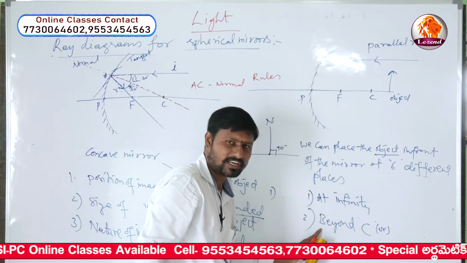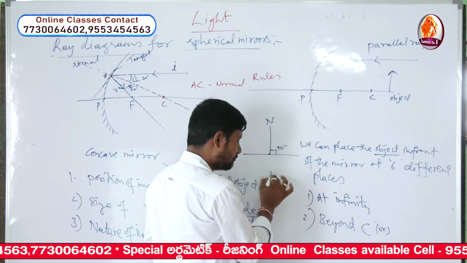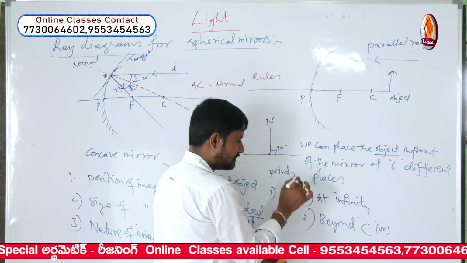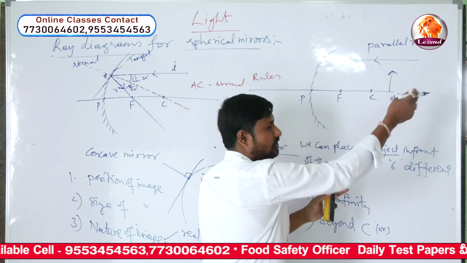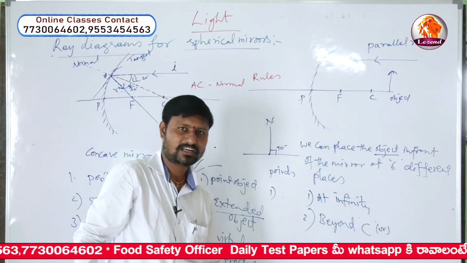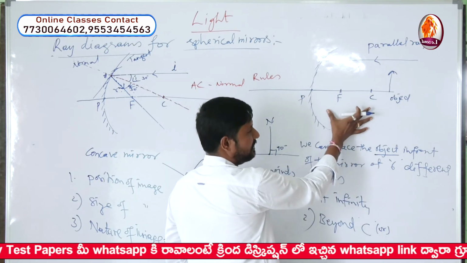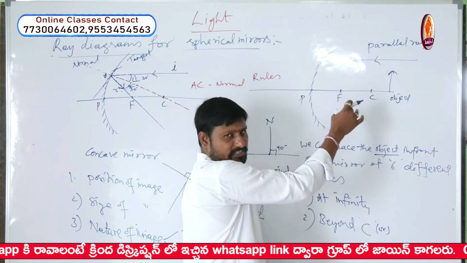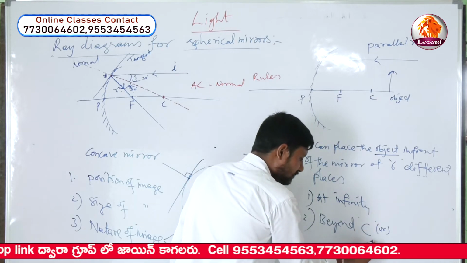This position we can express in two different ways. By using the points, based on F, C, P, we can express the position. Otherwise, based on the distances, meaning radius of curvature and focal length, we can also express the position of the object. Number 1, infinity.